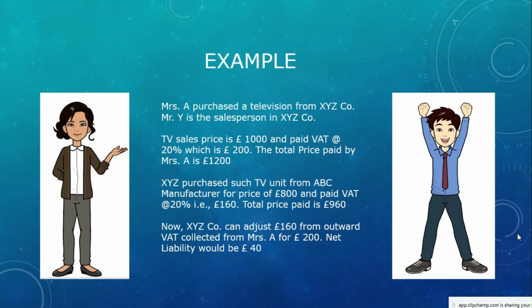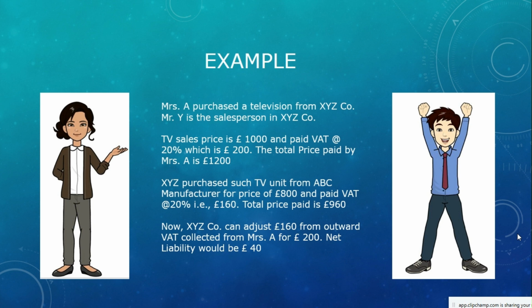If you are the ultimate customer, then you are paying VAT on whatever goods or services you purchase, and as an ultimate consumer you are not selling those goods or services to any other person. In that case you are not collecting any VAT, so there is no point of set off.